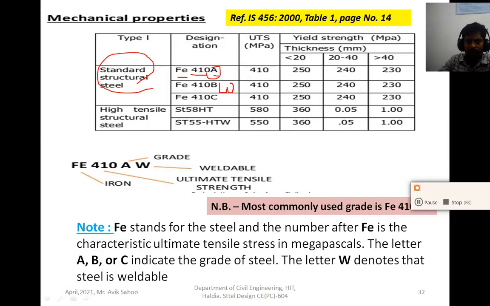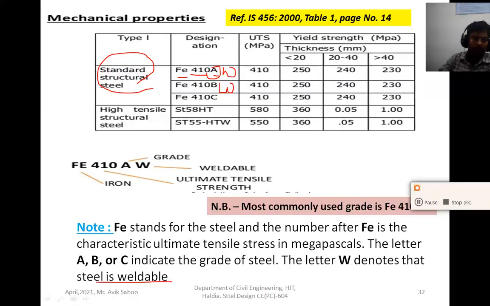W means the weldability, it denotes whether the steel is capable of welding or not. So that we understand by the letter W.